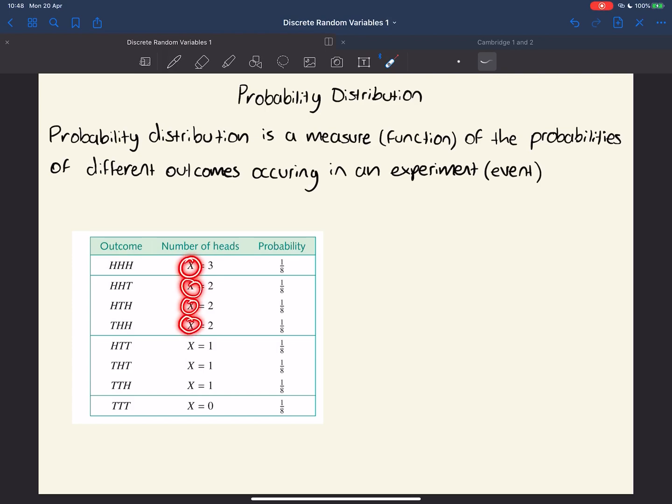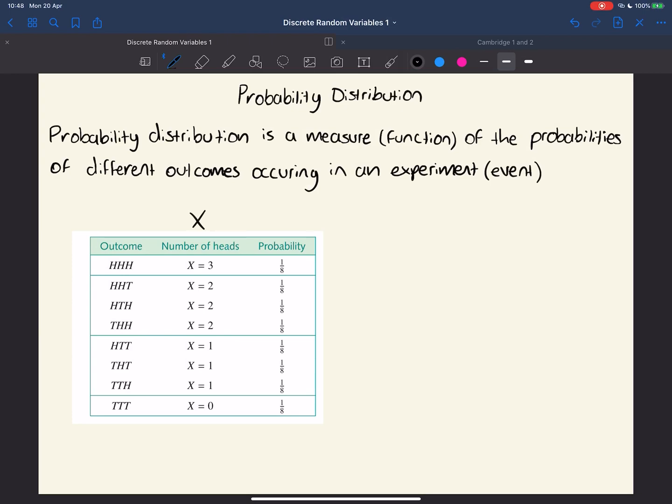The number of heads that can occur during these experiments can change, because heads, heads, heads would mean that we have 3 heads. Heads, heads, tails, there's 2 heads here, so that means our variable is 2. Because this changes, it's a variable, right? We call it x.